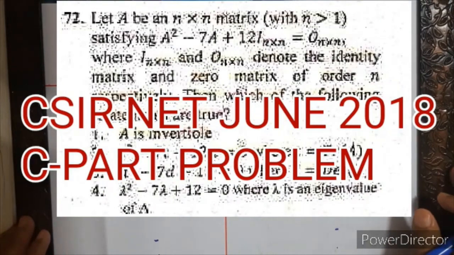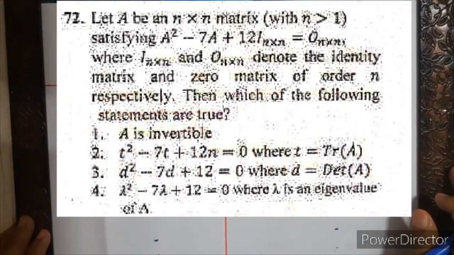Next problem. Let A be an n by n matrix where n is strictly greater than 1, satisfying A square minus 7A plus 12I equals 0, where I and 0 denote the identity matrix and zero matrix of order n respectively.